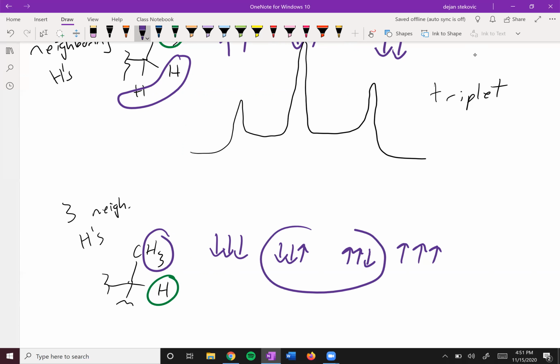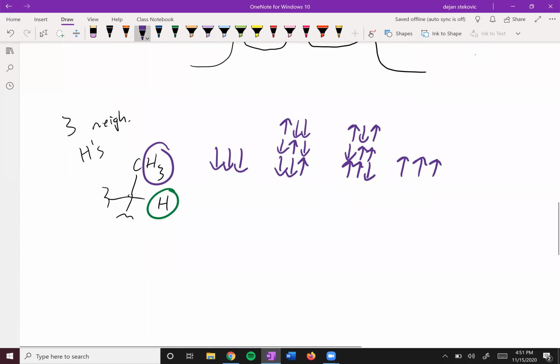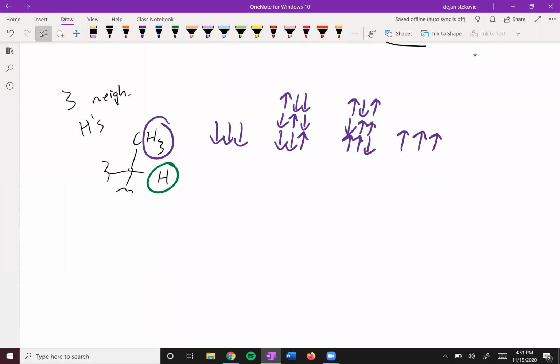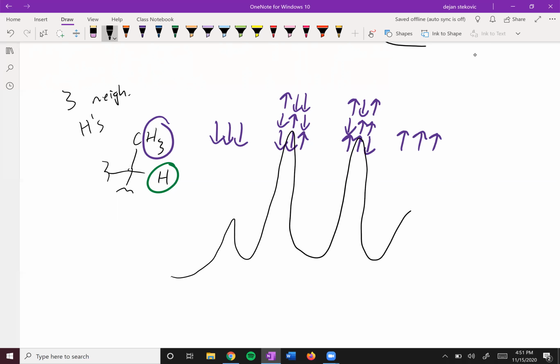And then there's multiple ways to organize this system, right? You could have the first 2 be down and then 1 up, or the center one could be the one that's up, or the first one could be the one that's up. So there's 3 ways to organize that. And then same thing over here. Maybe the first one's down, or maybe the second one's down, right? But you can see they all have the same kind of macro state, if you will. And so if you think about the peaks here, you'll get 4 of them, where these two middle ones are approximately 3 times the size of the other ones, and this is called a quartet.